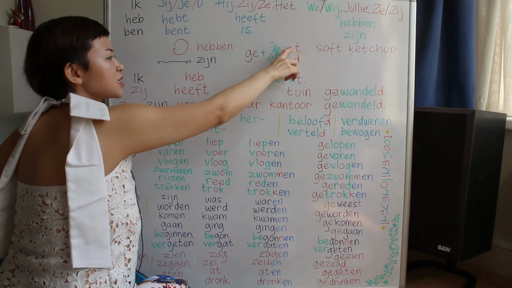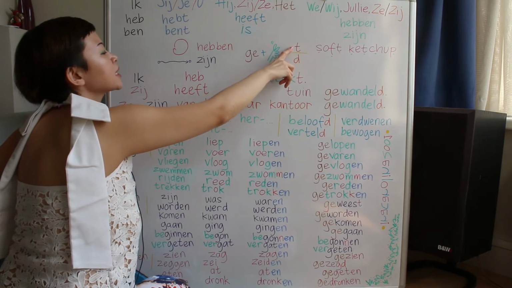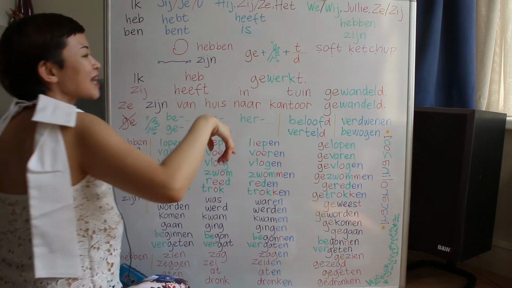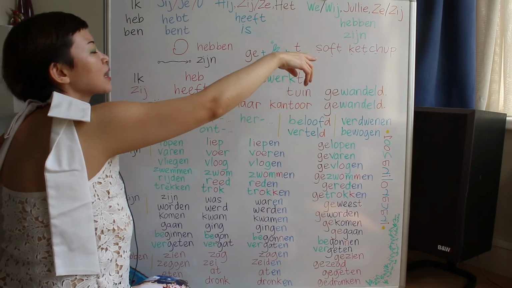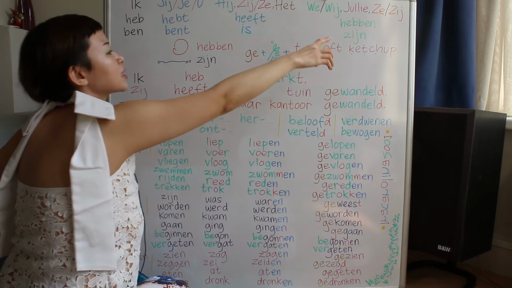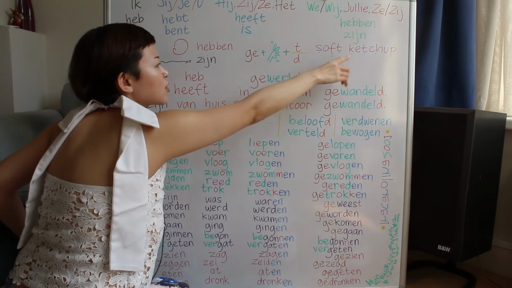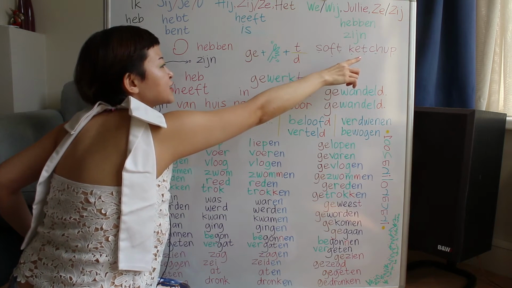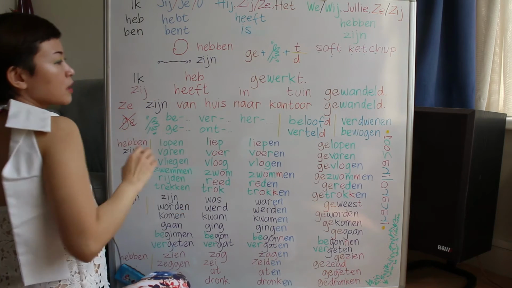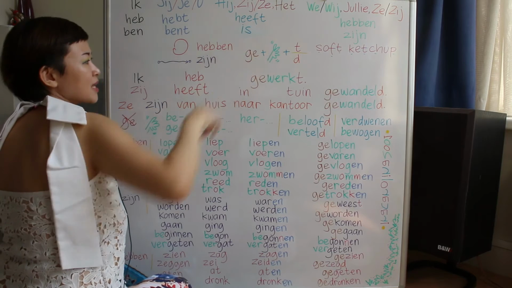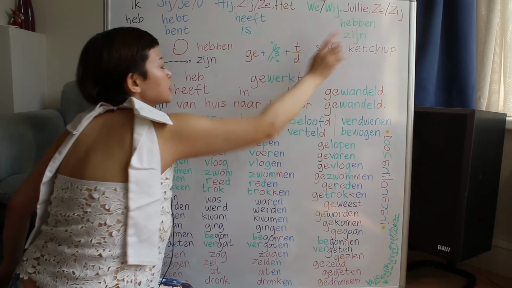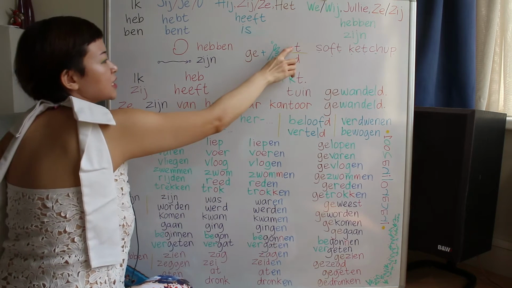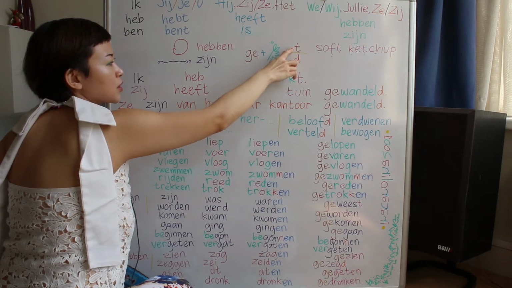You use t when the verb ends with the letter S, F, T, K, CH or P. If the verb ends with one of these letters, you add the T at the end of the verb.